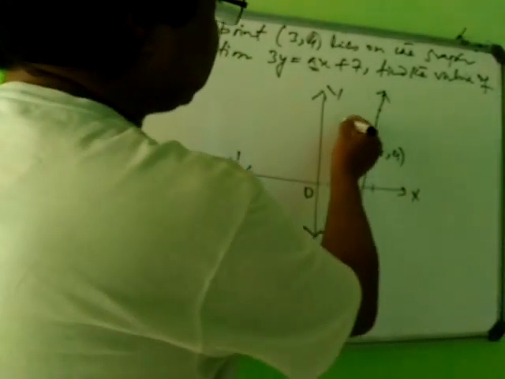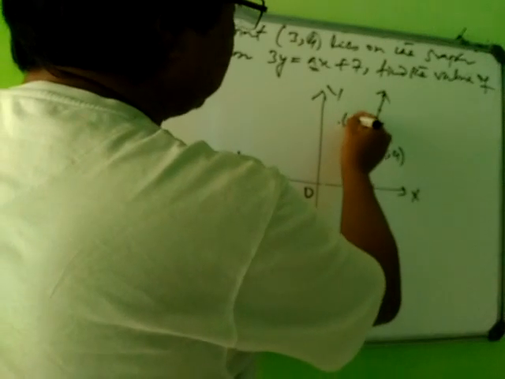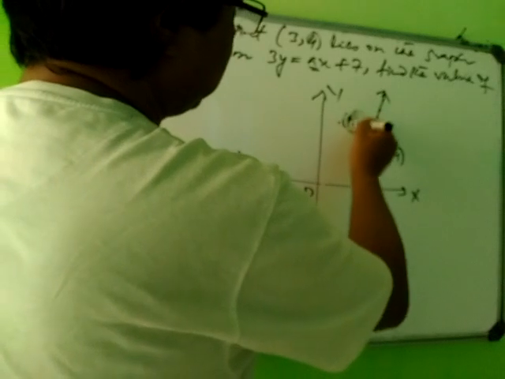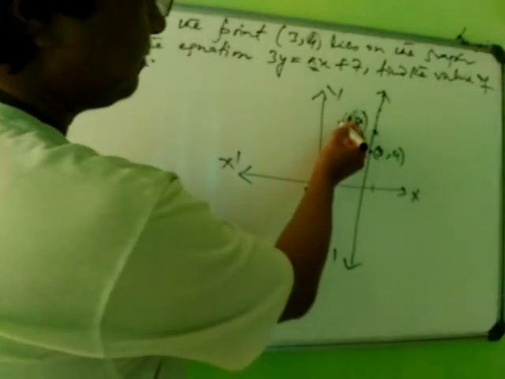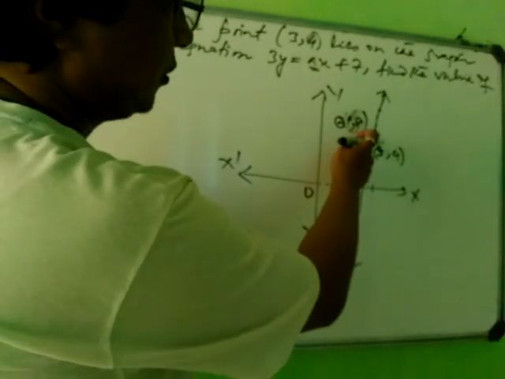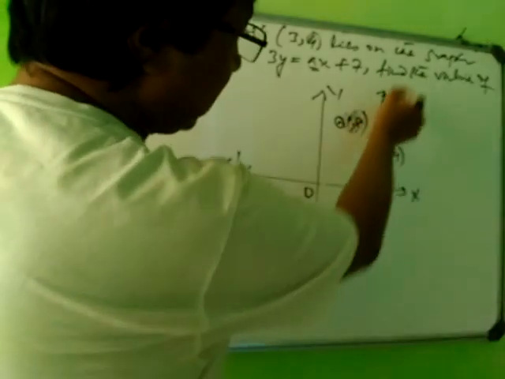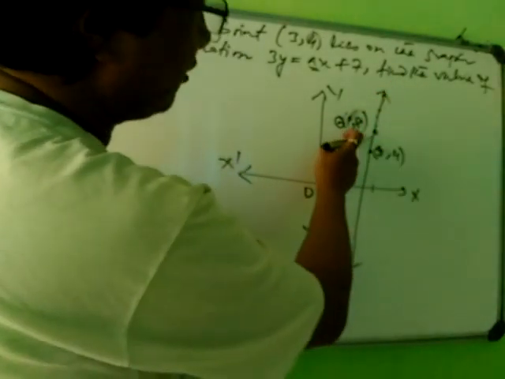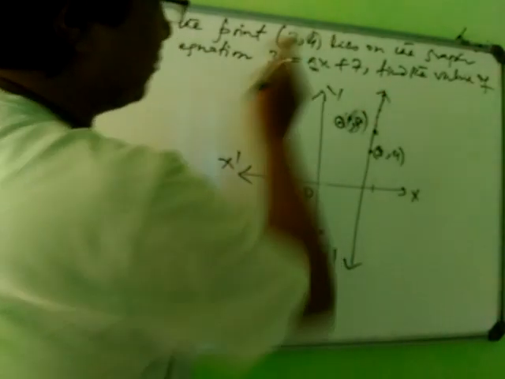But say you take, supposing I have given 1, 8. Now, this point lies here. Now since this point does not lie on this graph, on this line, this point cannot be the solution of this equation.